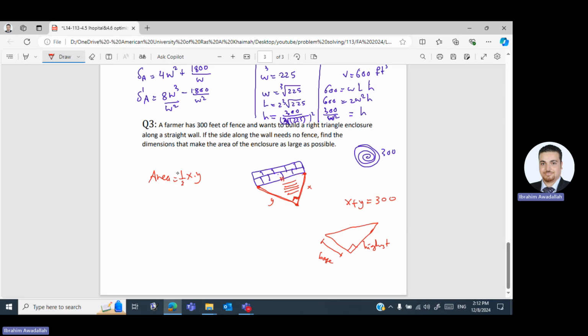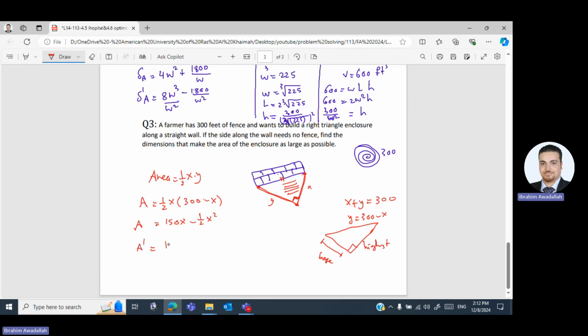So we cannot find the derivative directly because, as we said, we should have only x or only y. From here, y equals 300 minus x. So A equals half x times the value of y, 300 minus x. Multiply this here, 150x minus half x squared. This is A. Now x and x, I have one variable. We can find the derivative.